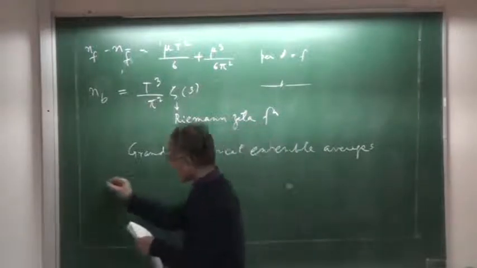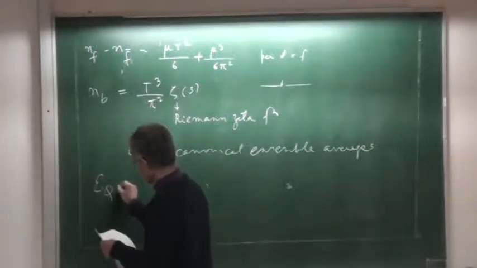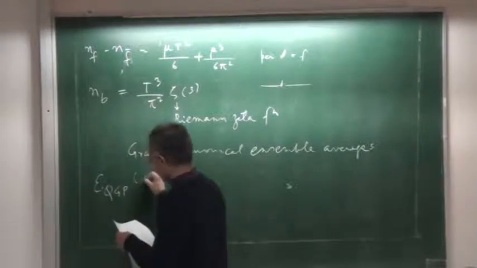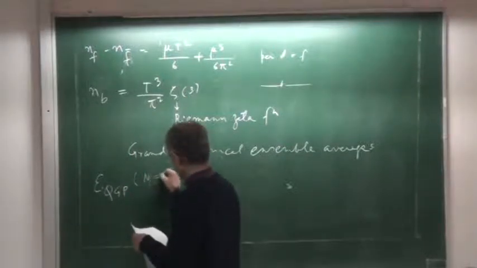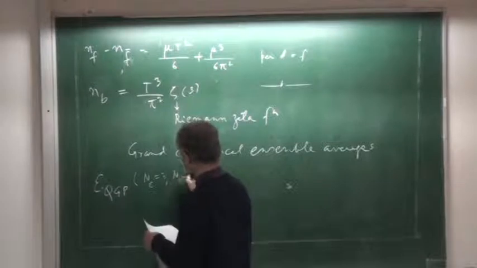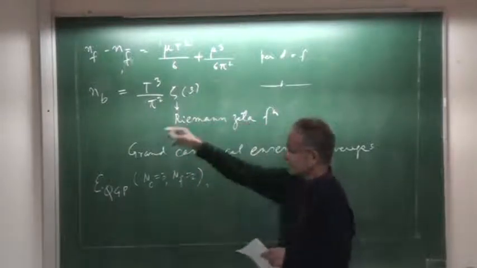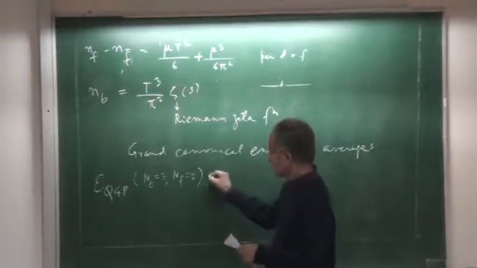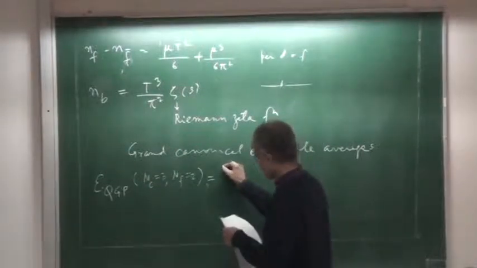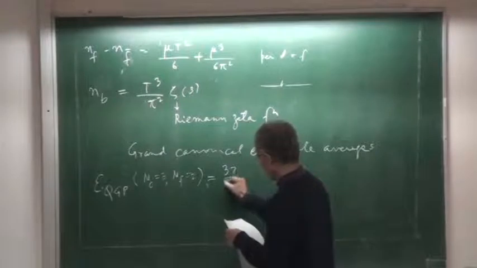So I will now write the expression for the energy density of QGP for three colors and two flavors using all this. You get 37 pi squared T to the fourth upon 30.